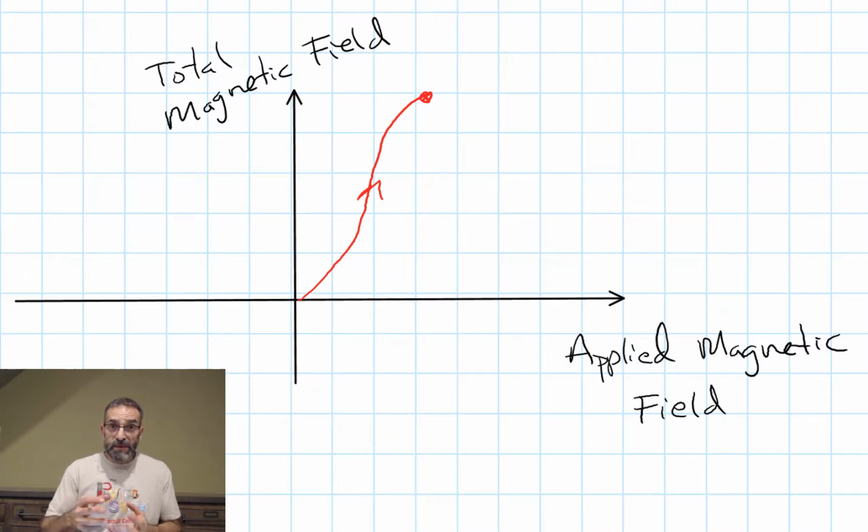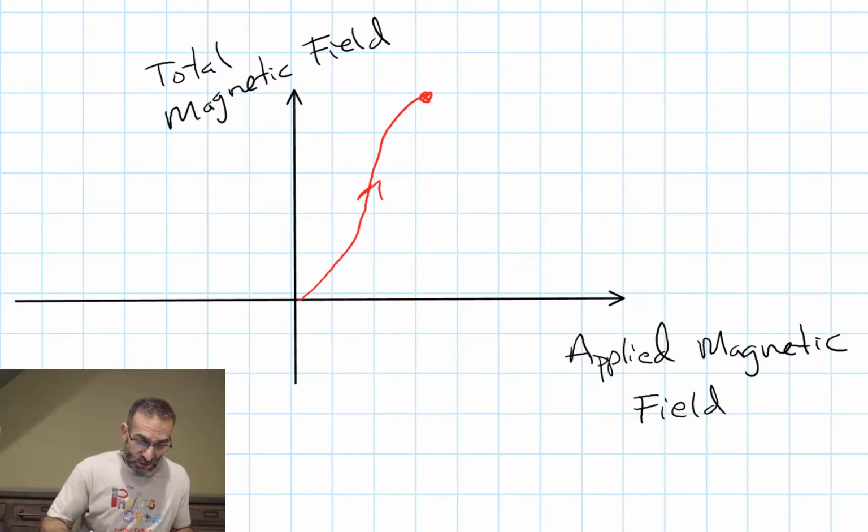Now we remove this external field, and some of the domains in that piece of iron will stay aligned, and we will have a permanent magnet, which means we're going to measure some magnetic field even though we're not applying a magnetic field anymore.